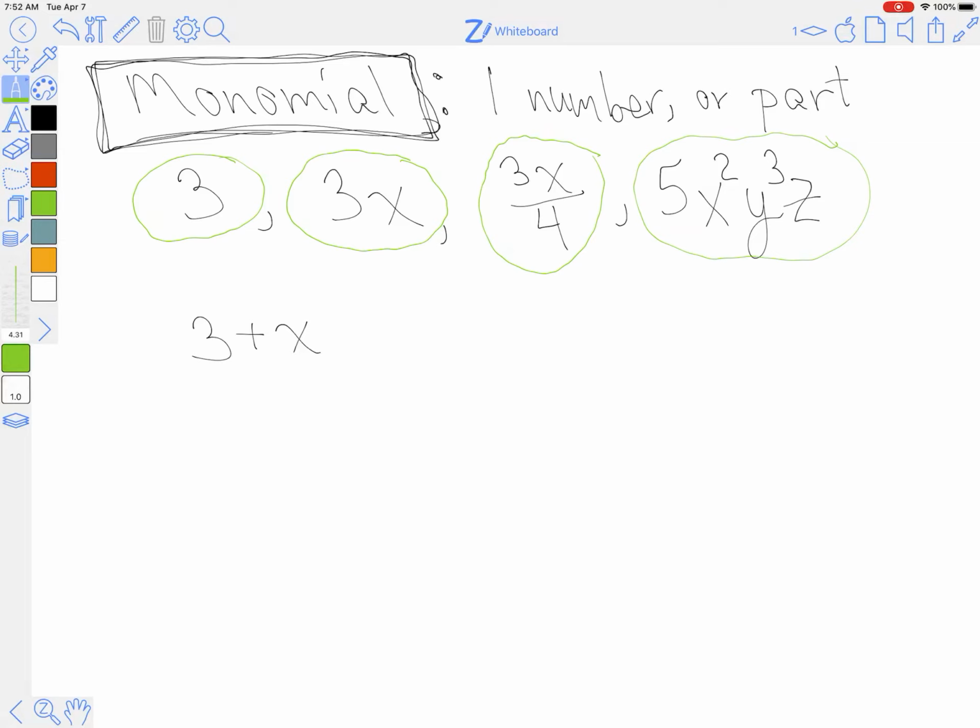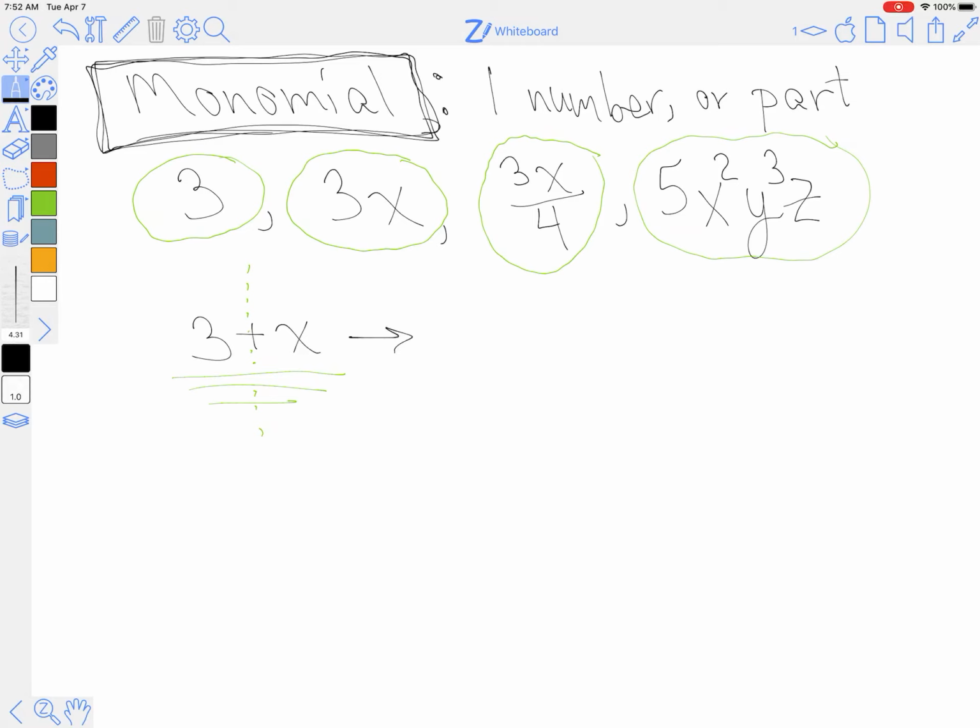What breaks these things up into more than one part is when we start to put addition and subtraction signs in there. Like this example here, 3 plus x. That addition sign really divides this into two parts.